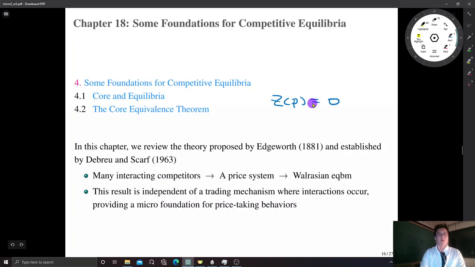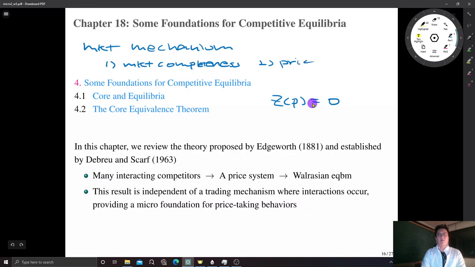So the market mechanism is based on two assumptions. First, market completeness, and second, price-taking behavior, okay? So far, our studies of general equilibrium are based on these two assumptions.